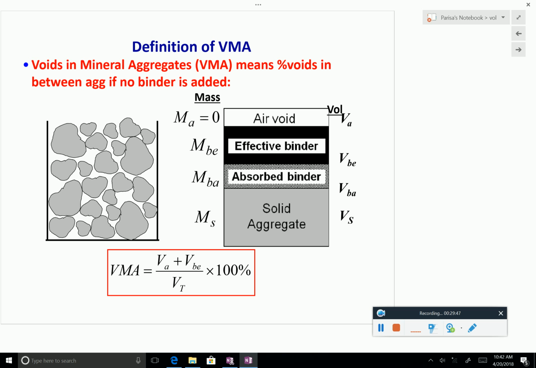It's a definition. So this is VMA. So if there was no binder, you could think of this as the air content.